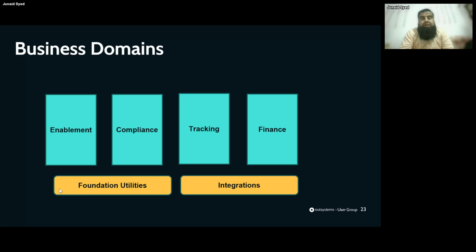Once the customer enrolls and is certified, whatever activities they perform, they have to register into the system.